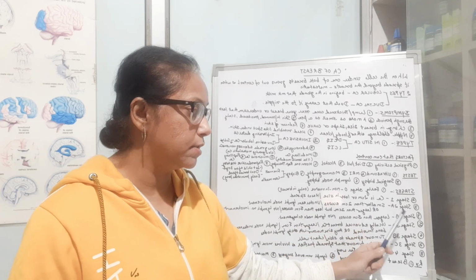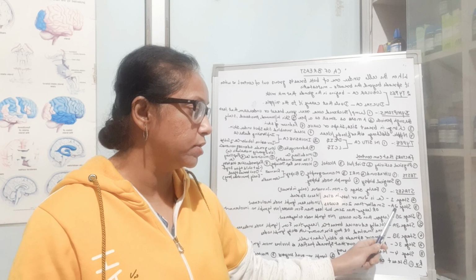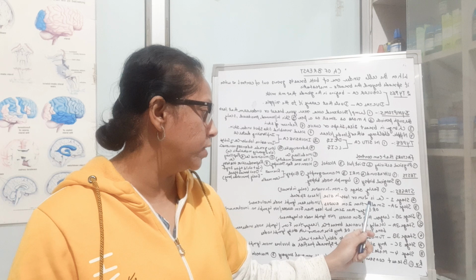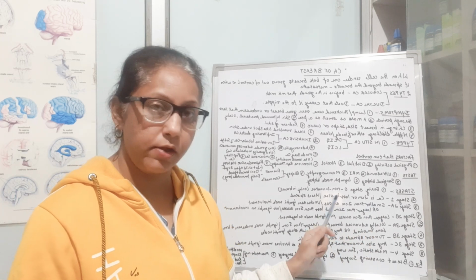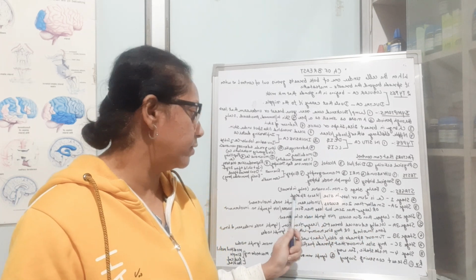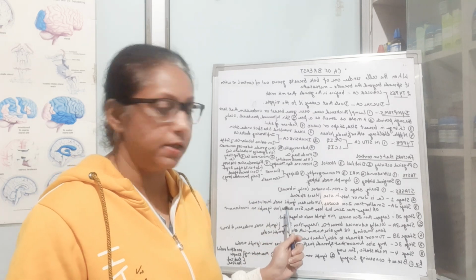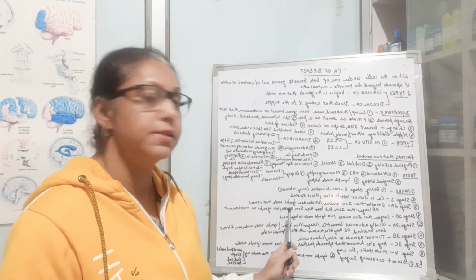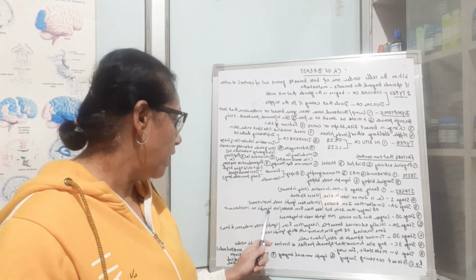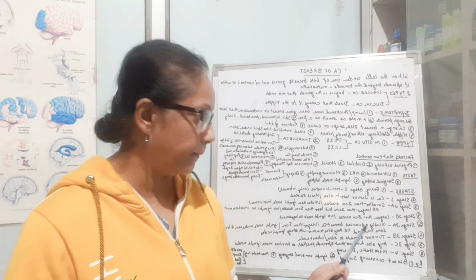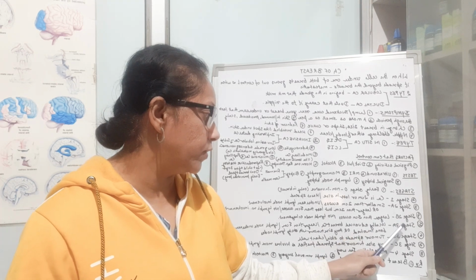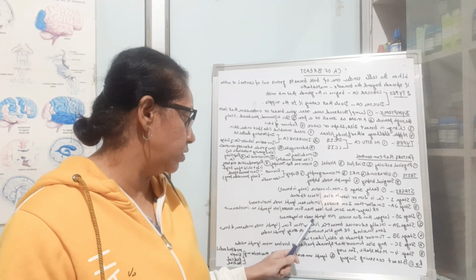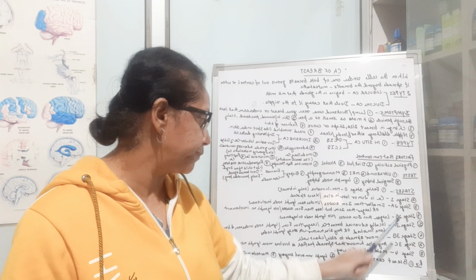The third one is stage 2A, and the fourth is stage 2B. In stage 2A, the nodule is smaller than 2 centimeters across, or underarm lymph node involvement may be present, or it may be larger than 2 centimeters but less than 5 centimeters across, with no lymph node involvement seen. Then stage 2B is larger than 5 centimeters across with no lymph node enlargement.